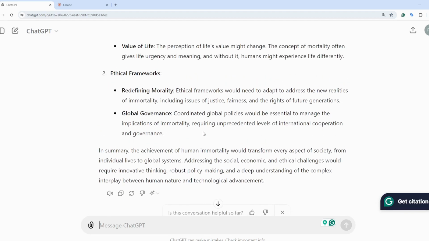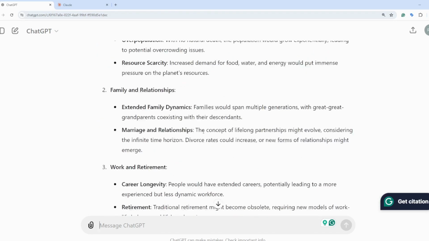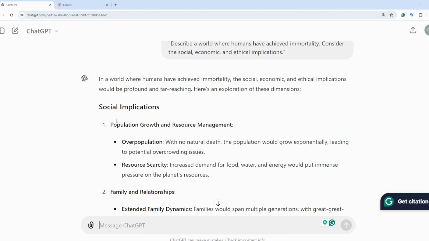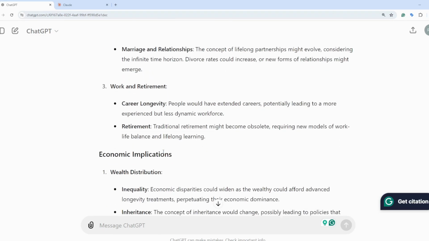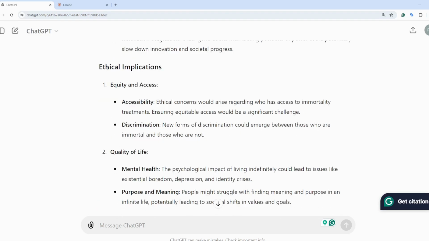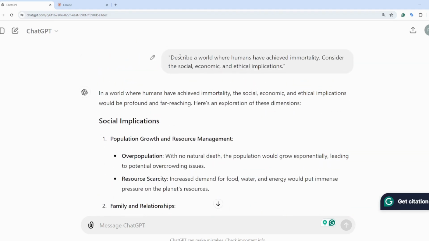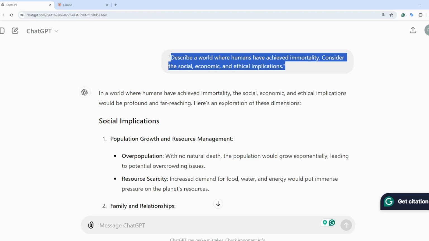It's not putting any restriction on the answers. It gives me social implications, then economic implications, and third ethical implications. This is what we asked for. If we are looking for something open-ended, we just have to give what we are looking for and it will give you the answer.